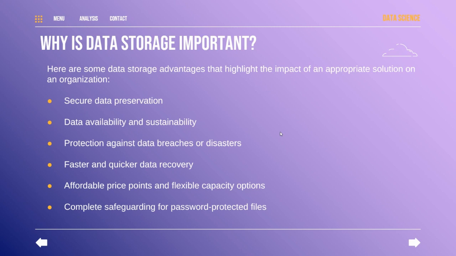Now, let's come to the next point: complete safeguarding and protected files. For example, let's take the bank data, where in a bank there are a large number of data: customer name, account number, the mobile number of the customer, and how much is the balance.